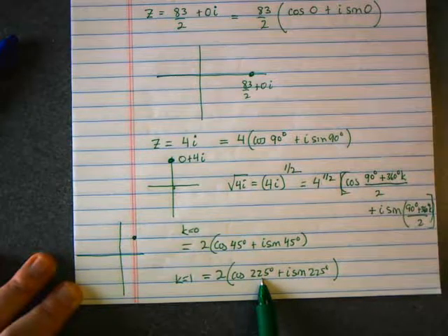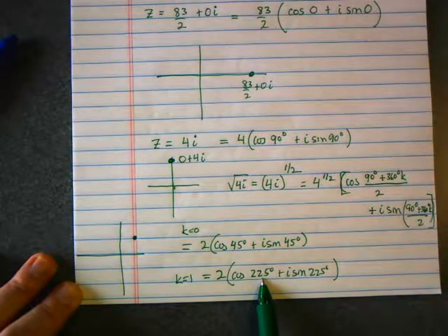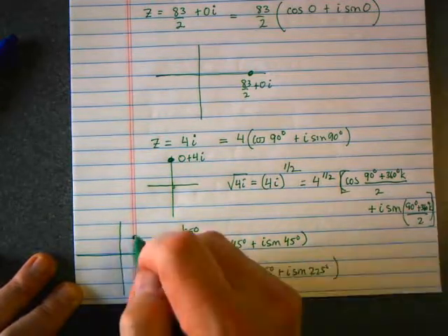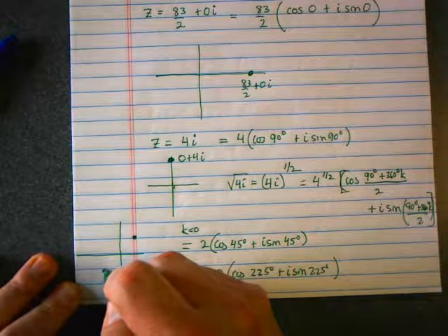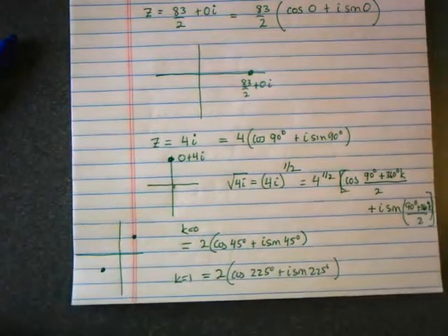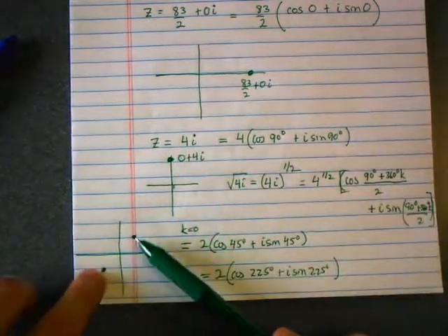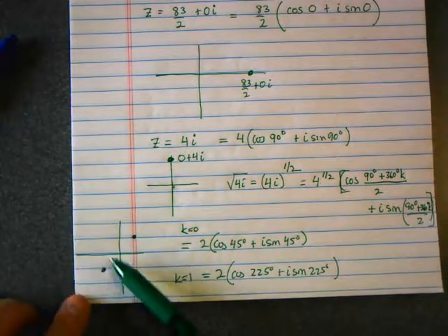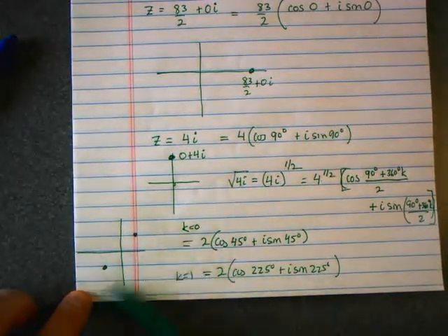Which quadrant is it in? It's in quadrant 3. And it's kind of the opposite, so it would be right here. Okay, so notice, if I do square roots, they're kind of evenly spaced around, aren't they? I mean, this is 45, and then this is 45 here, so they're kind of evenly spaced.